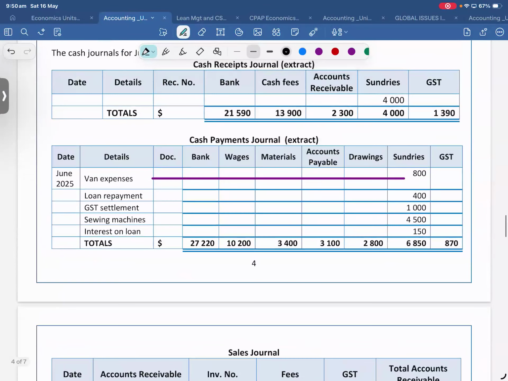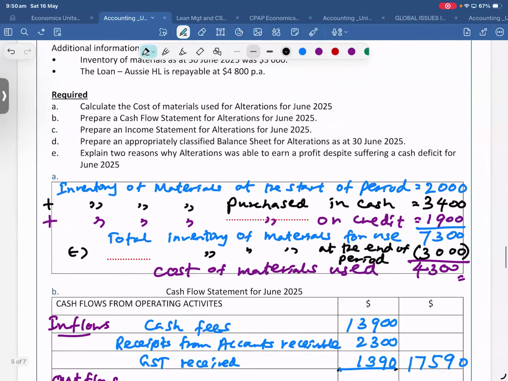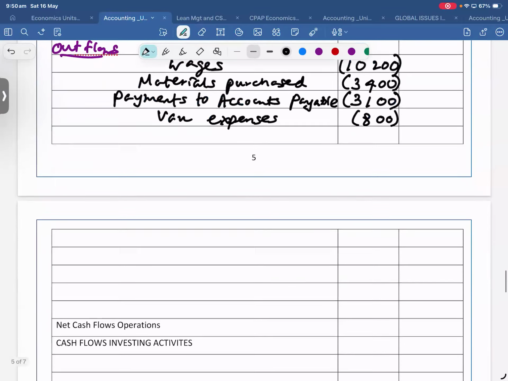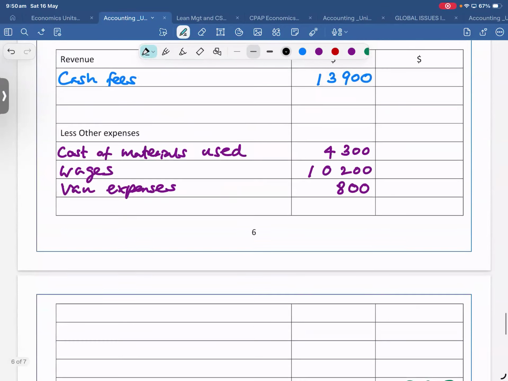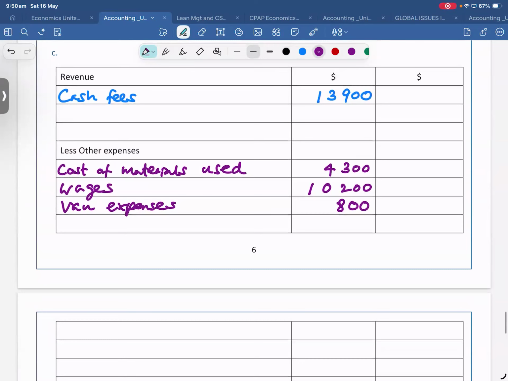Loan repayment. Very good. That's an outflow in financing. Is it an expense? No. Loan repayment means you repay your loan principal. Loan principal is a liability, so it's not really an expense.